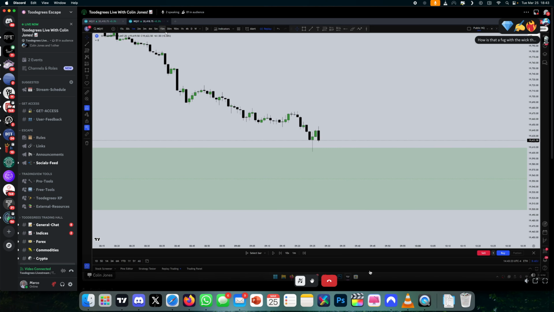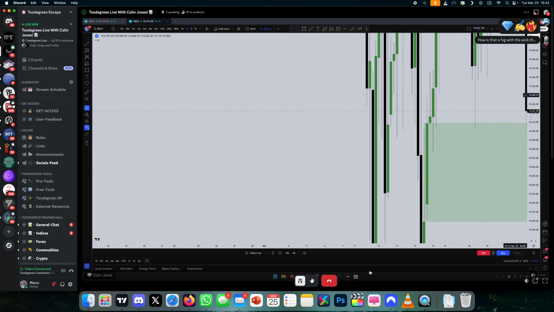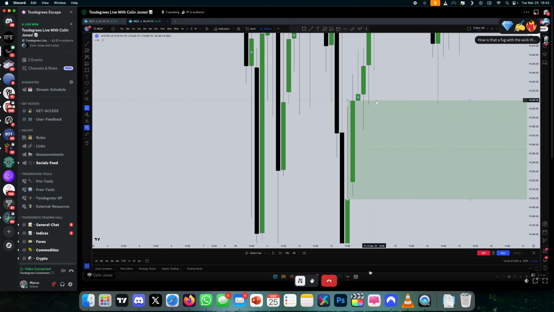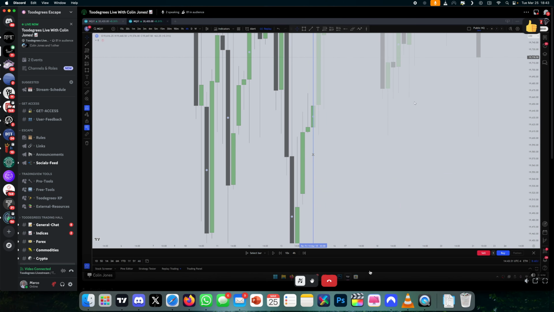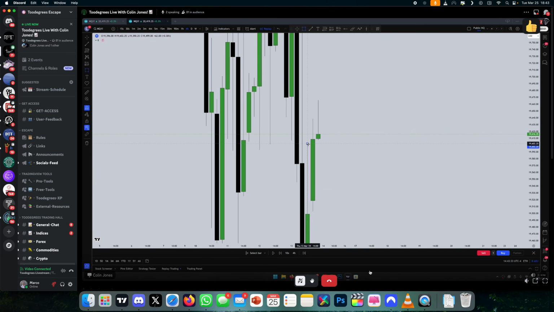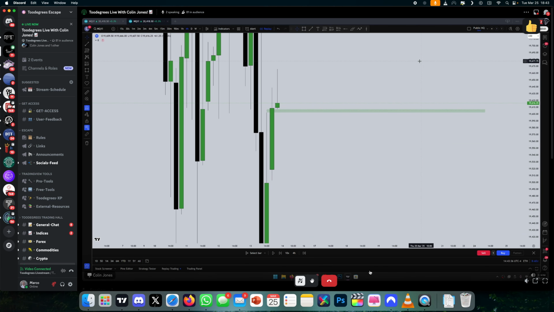How is that a fair value gap with the wick, though? So if you look, if I were to just draw this fair value gap like normal, you have this guy here, correct? Let's just stay on that term for a second. Does this make sense here, this drawing?